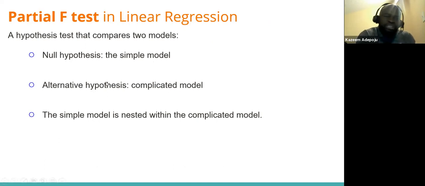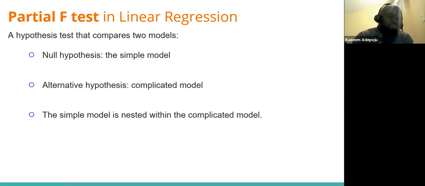So the null hypothesis assumes that the simple model is fine, and the alternative hypothesis assumes that the complicated model is fantastic. And don't forget the condition under which you can do that is that the simple model has to be nested within the complicated model.